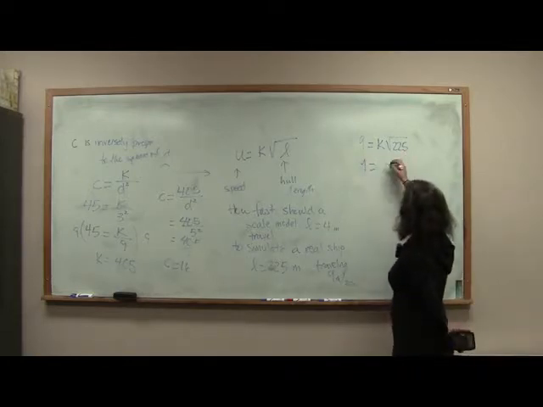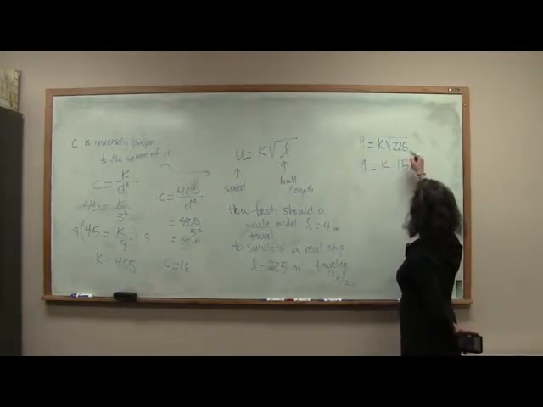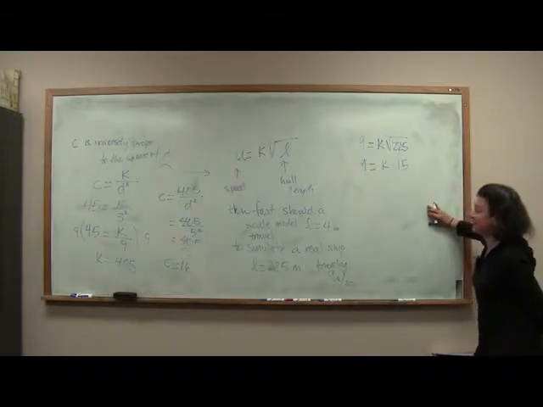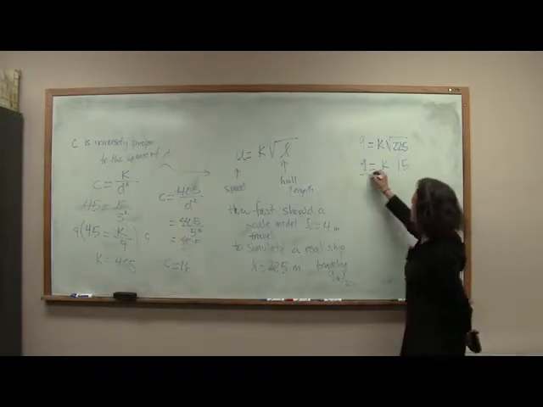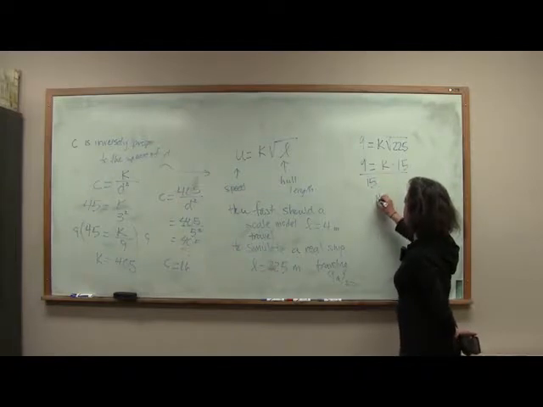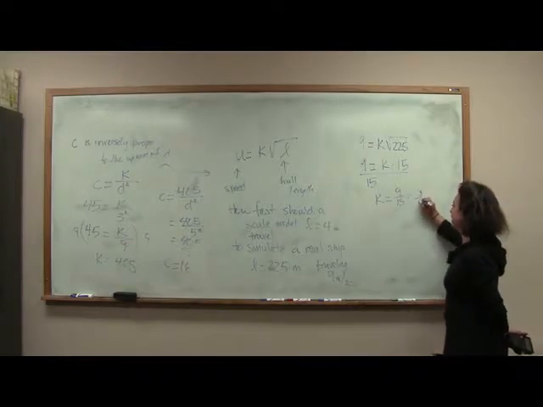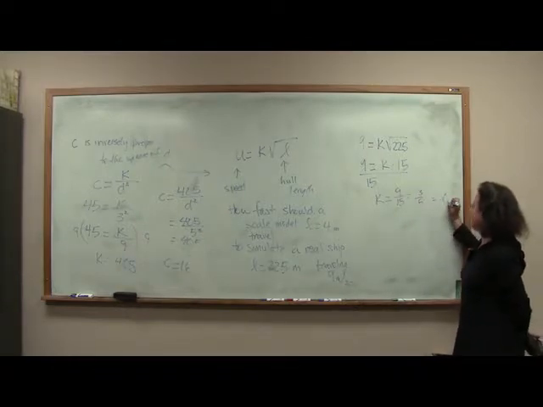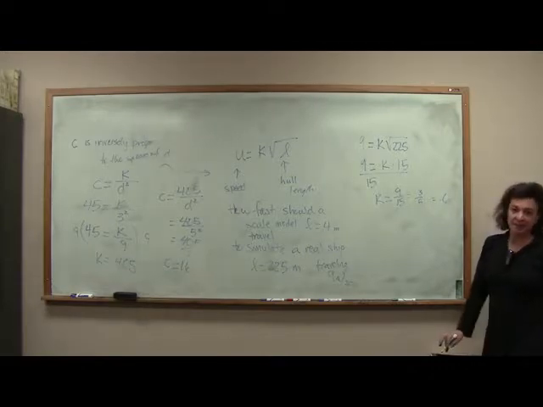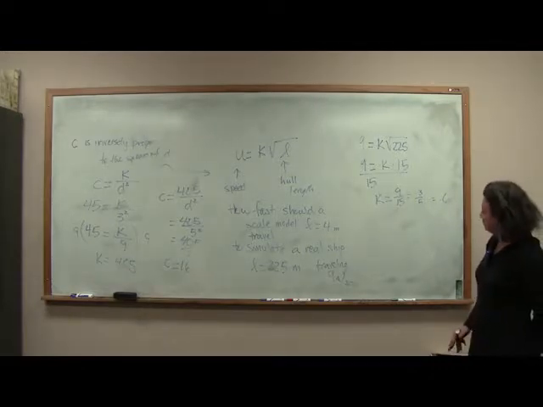Well, first off, I'll do this piece by piece. The square root of 225 is 15. So to solve for K, we have to divide both sides by 15. Now, you could leave it as a fraction, 9/15. You could reduce your fraction, or you can write it in decimal form. It does not matter. Okay?